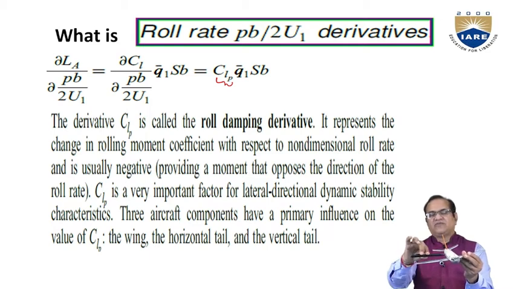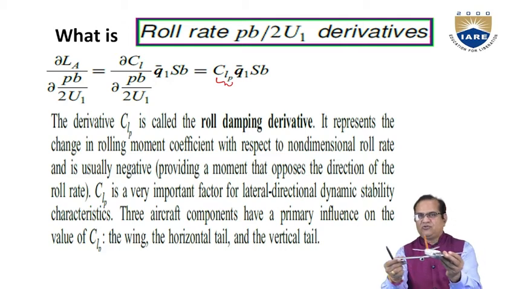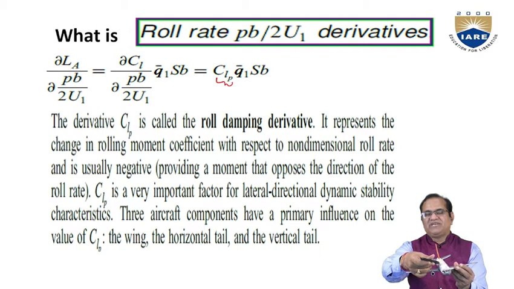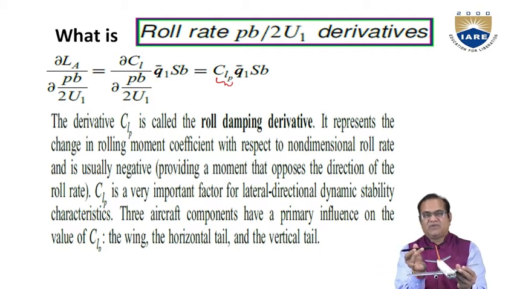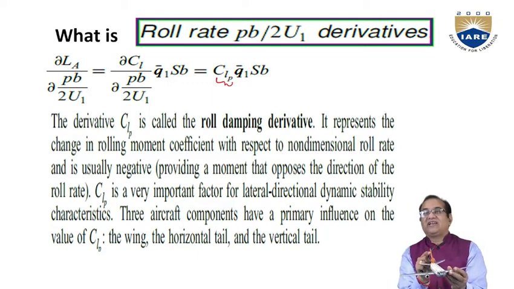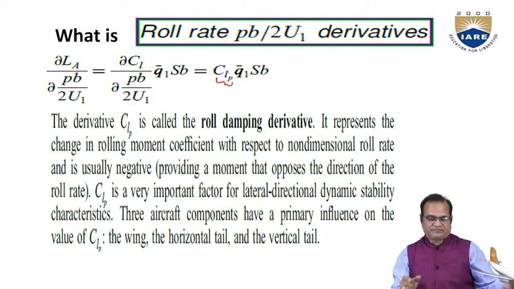So one component of this lift will act in this direction. It will try to drift like this, so beta will be generated. A side slip will be generated. This side slip will act on this vertical fin and this will try to oppose the roll. This is called roll damping. So this thing we have to understand, and it is called the PB by 2U1 derivative.